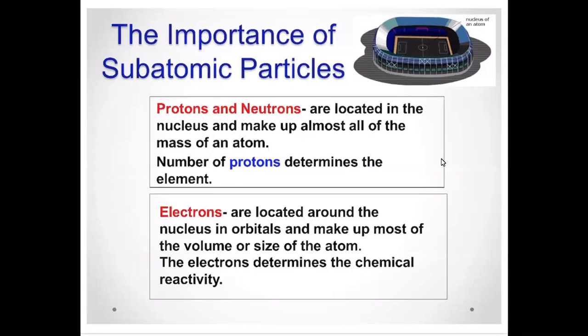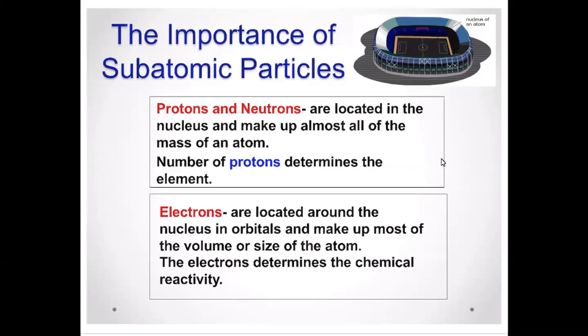And the analogy is, if an atom was a football stadium, the nucleus would be a marble on the 50-yard line. So right here in the very center of this little marble would be your protons and your neutrons. The electrons are located around the nucleus.